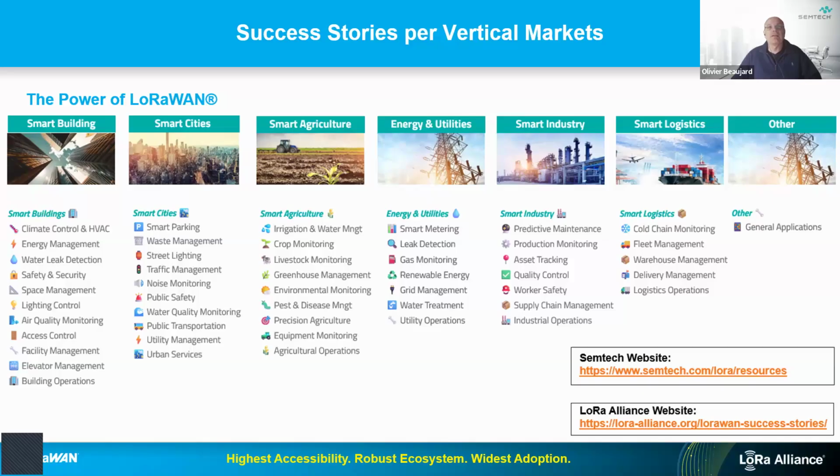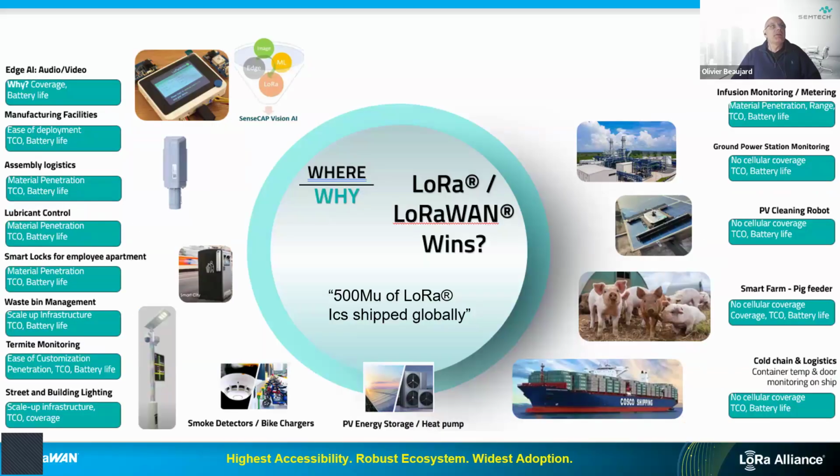You have definitely several hundreds of use cases explained, both on the LoRa Alliance website, the bottom link, and also on the Semtech website, the upper link. You'll see all different cases, different customers using LoRaWAN already in the field for many years. So that's the overview. If you can go to next page, please.